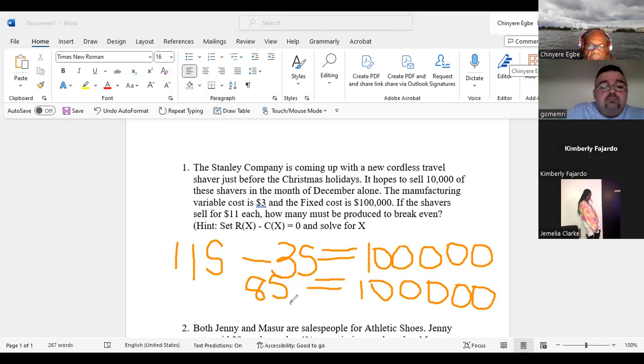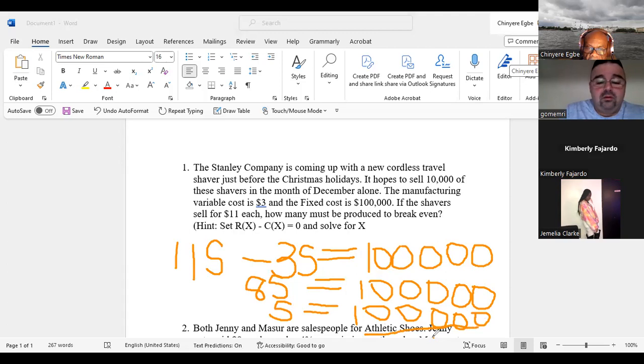And so S is equal to 100,000 divided by 8.